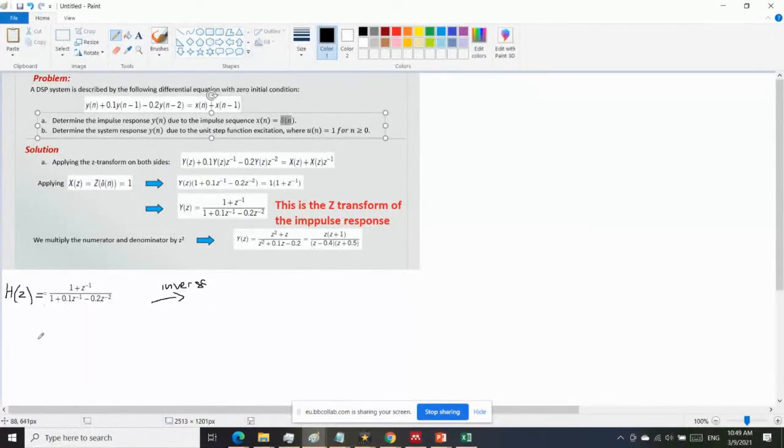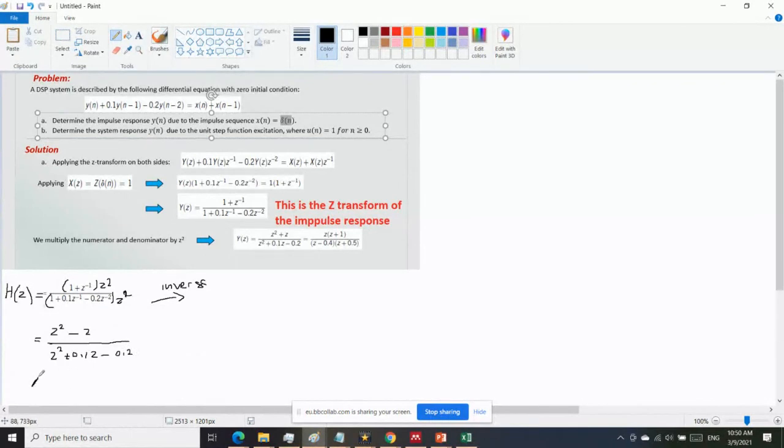We multiplied by z squared on top and on the bottom, so it becomes (z squared minus z) over (z squared plus 0.1z minus 0.2).